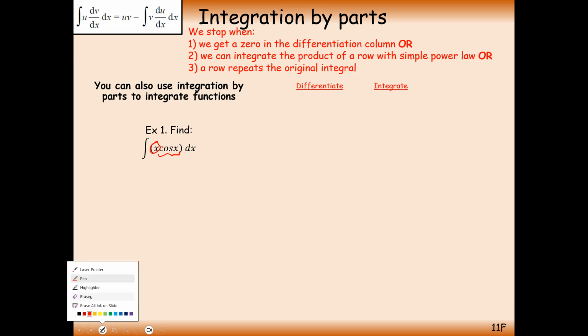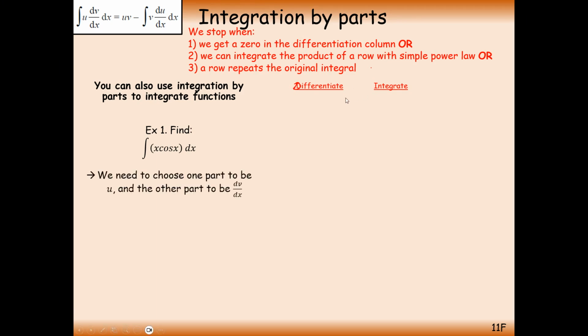Therefore, we are going to put this x in the derivative or differentiation column in our table. Notice that I always put the differentiation on the left hand side and integration on the right hand side. This method is also called the DI method because we usually put our derivatives on the left column.